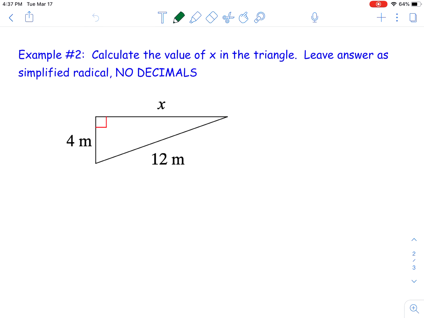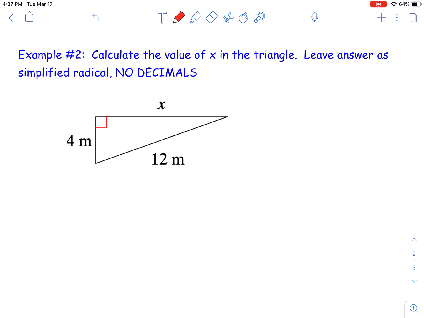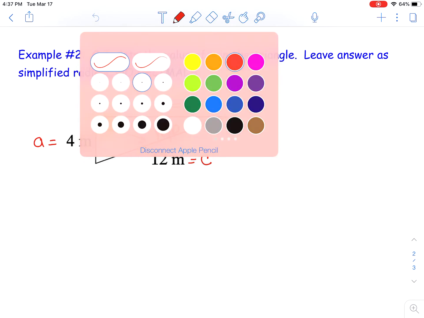On the second example now we have not the hypotenuse that is missing, but one of the legs is missing. So our hypotenuse is opposite the right angle. So that's going to be the 12 centimeters. So this is our C. And then we can call 4 meters A and the X, the unknown side, is B. We could switch those A and B, it wouldn't matter.